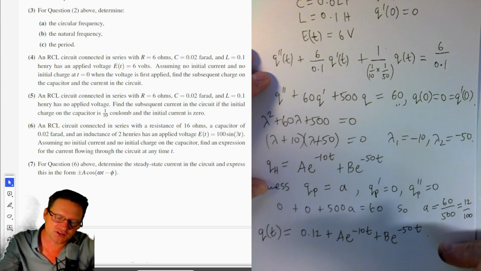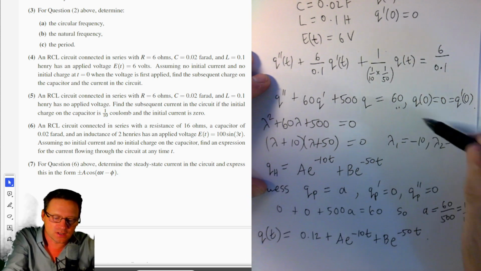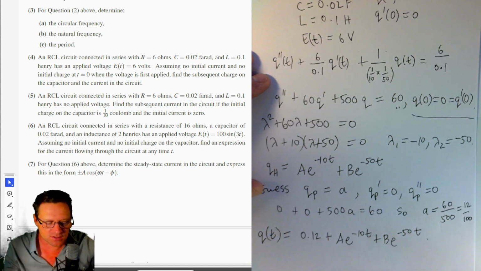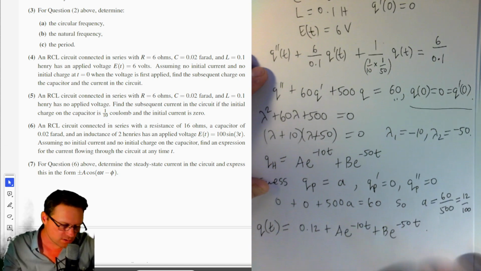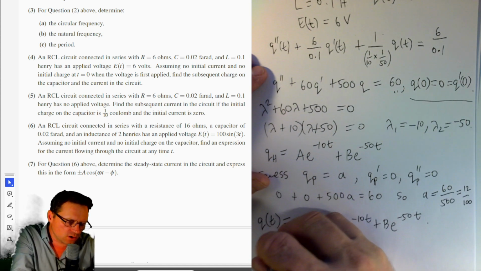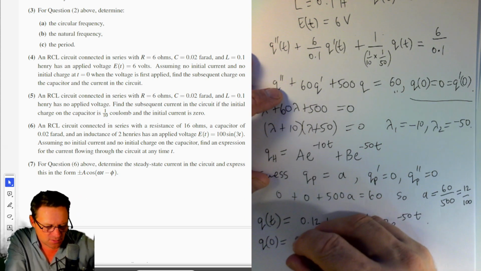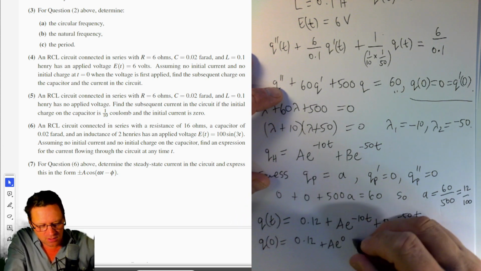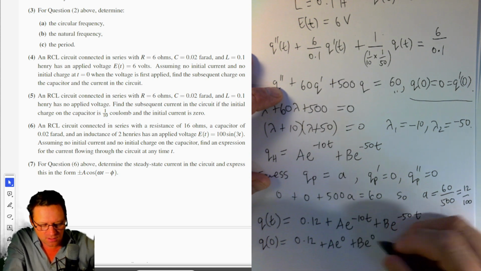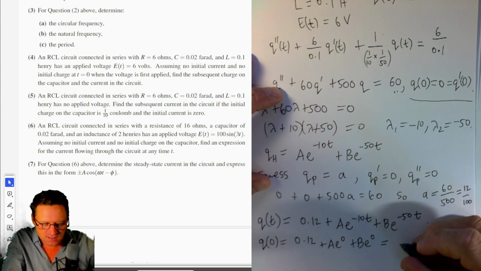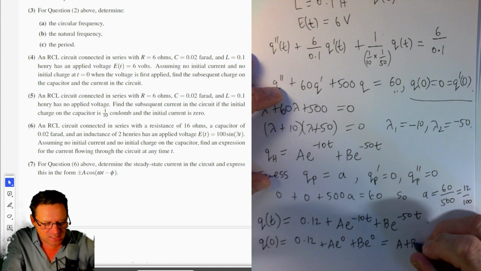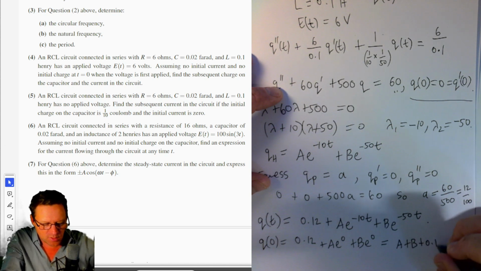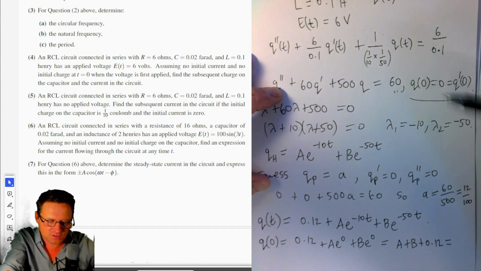Okay, so now that we have our general solution, let's use our two initial values up here to find A and B. So q(0) is 0.12 plus A e^0 plus B e^0. And so that is A plus B plus 0.12, and this is equal to 0.